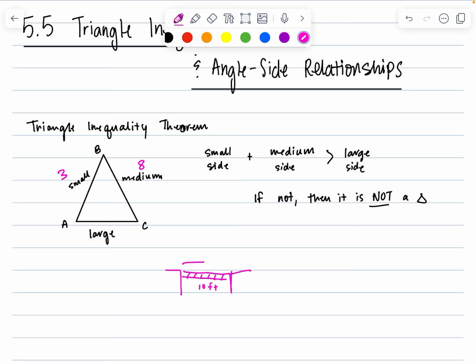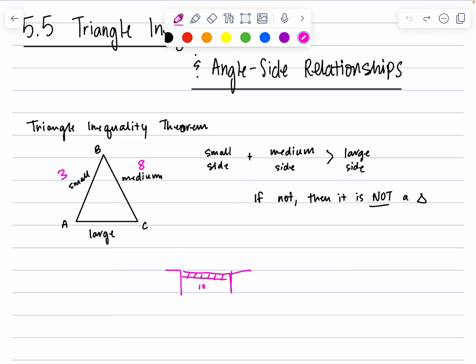At the very least, it needs to span across it, right? If you have pieces that are exactly equal to 10, for instance, 3 and 7, it would only lay on top of that bridge part. But if we want to support it and make a triangle, it has to be bigger than 10. So that's why the small side plus the medium side has to be larger than the large side, no matter what.